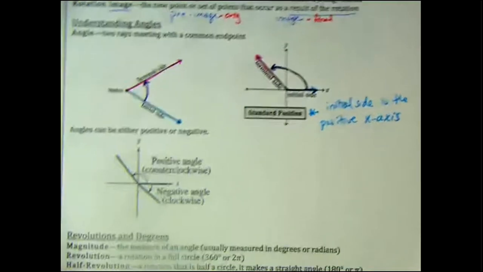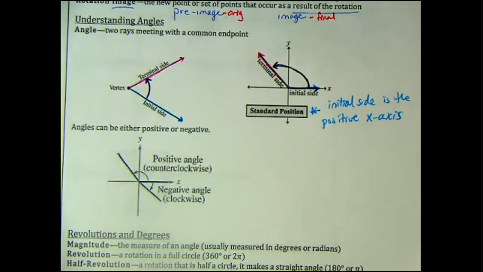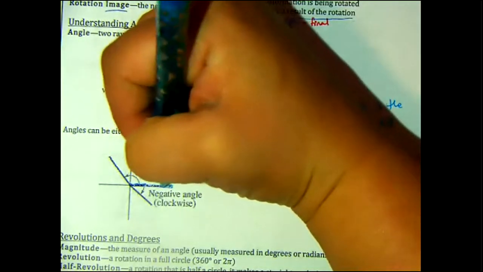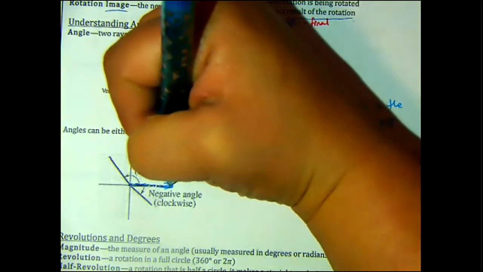Now, depending on the direction of rotation, that tells us whether we have a positive angle or a negative angle. Our initial side doesn't change from standard position. It is our positive x-axis here. This is the initial side.